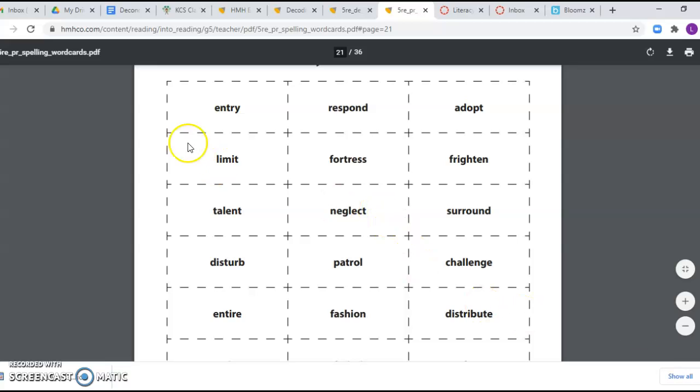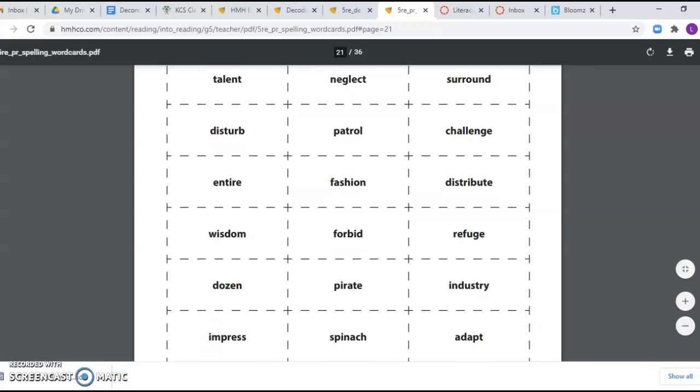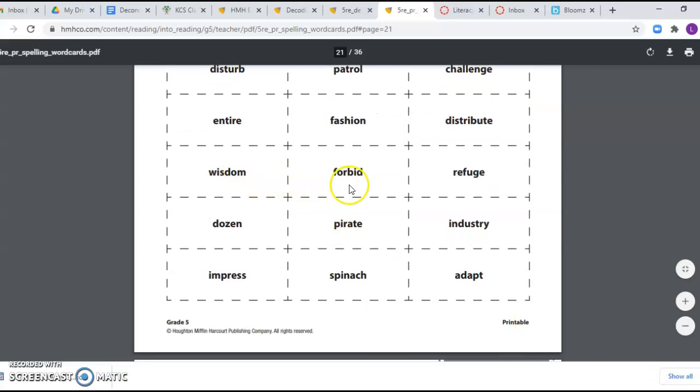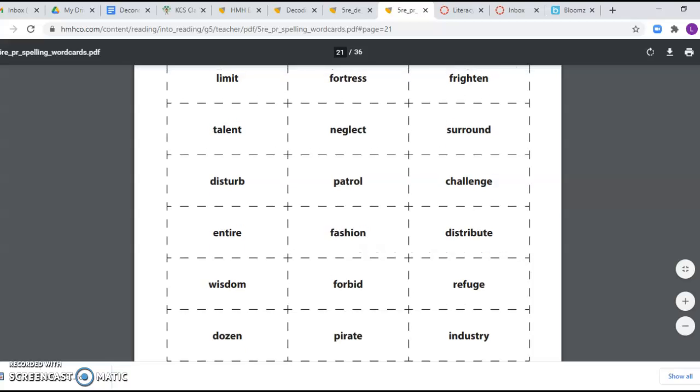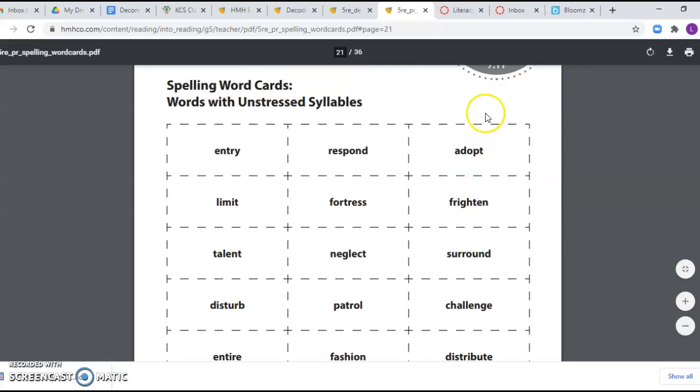So we have entry, respond, adopt, limit, fortress, frighten, talent, neglect, surround, disturb, patrol, challenge, entire, fashion, distribute, wisdom, forbid, refuge, dozen, pirate, industry, impress, spinach, and adapt. So those are your spelling words for this week. I'm going to model how you would sort these words, and I'm going to use the word adopt.